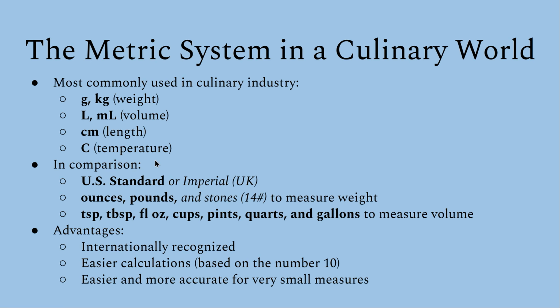And it is a unit of measure that is easier and more accurate for very, very small portions. Especially with molecular gastronomy, when you're using food additives, you need to be working with grams because the difference between grams and ounces is huge. If you need things to be exact and precise, grams is going to be your best friend.